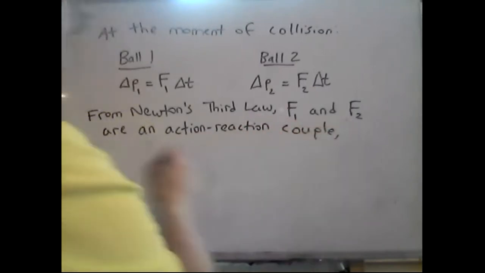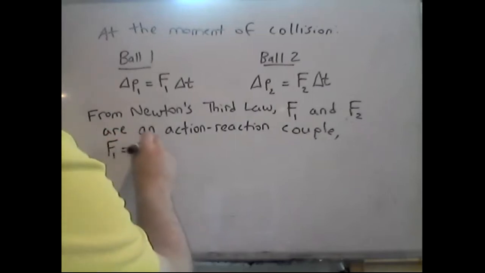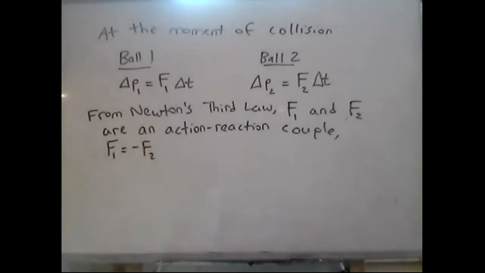Which means that one is the opposite of the other. So F1 is negative F2. They are equal and opposite, according to Newton's third law. I push on you, you push on me with equal and opposite force.